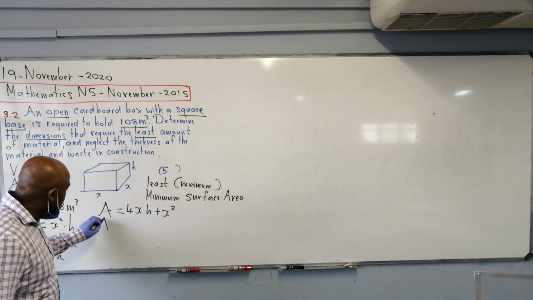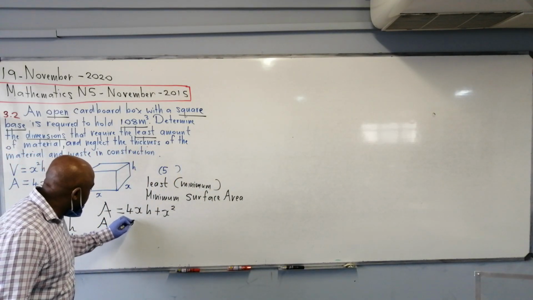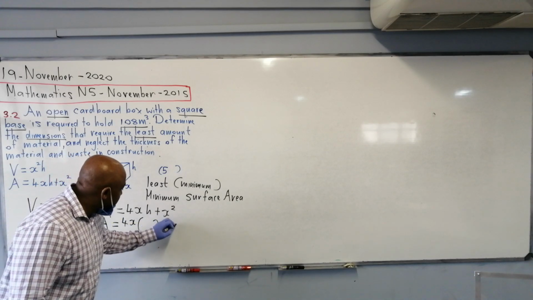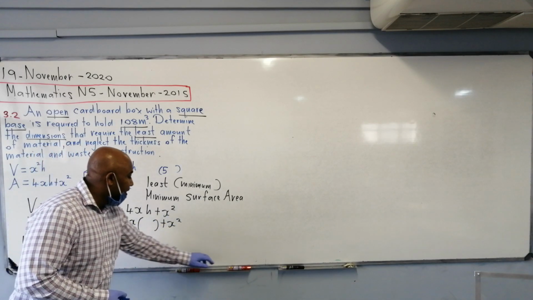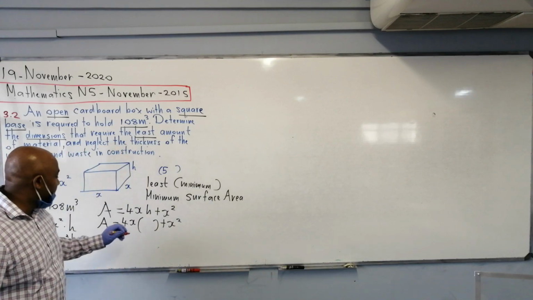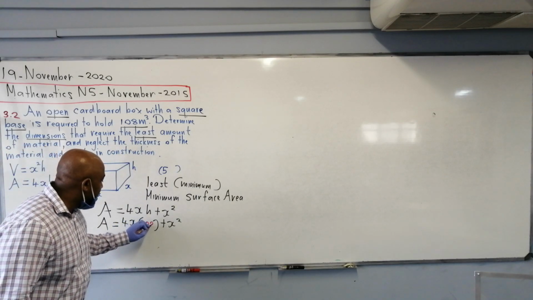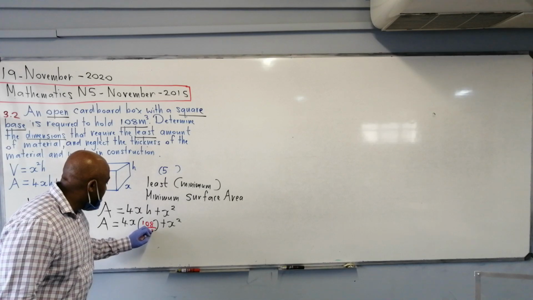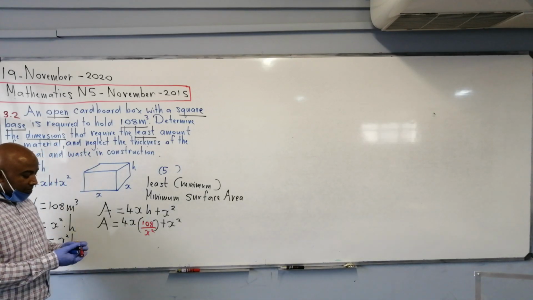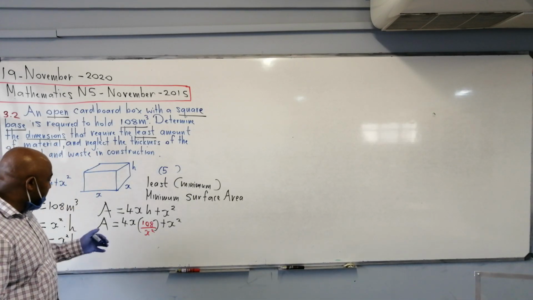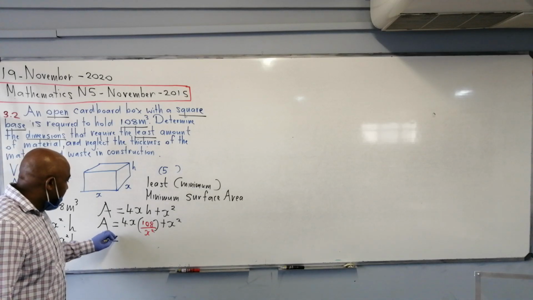So therefore, A is equal to 4x times h plus x squared. And what is h? It is 108 divided by x squared. Simplify it before you differentiate to make it simpler.